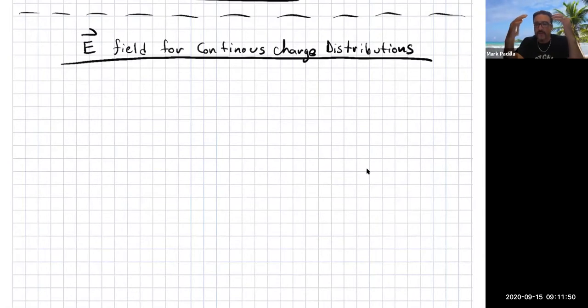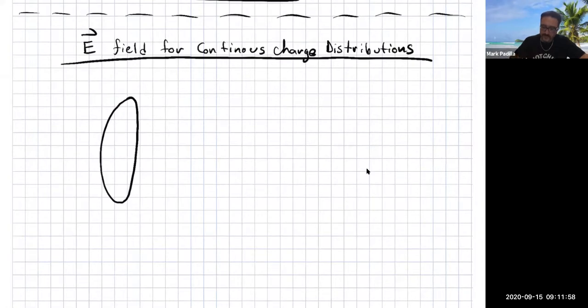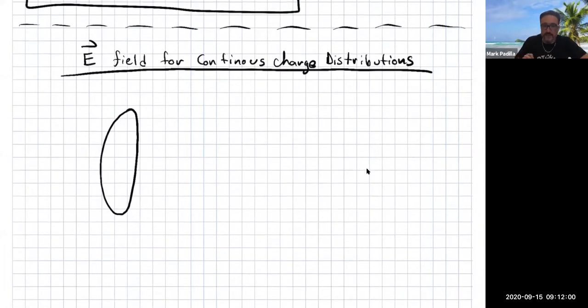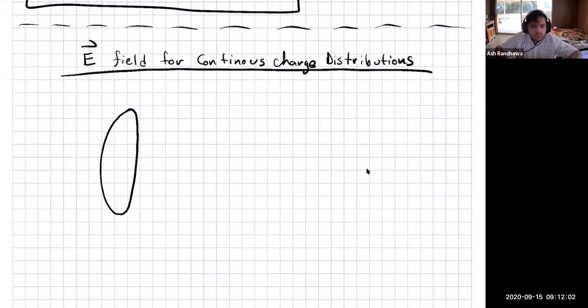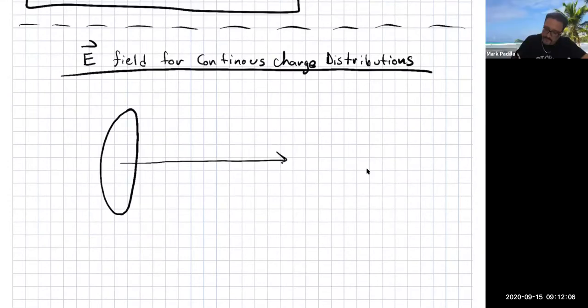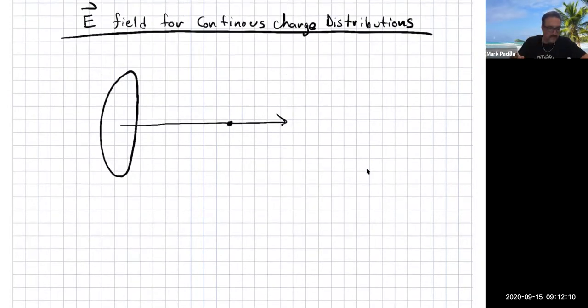So the first thing we're going to do is, let's make a ring of charge. So here's my ring. That's the side view, which in 3 dimensions, if we go from the middle, I'm going to pick a point right out here in space, and I'm going to call that point P. And so this is a symmetry argument again.